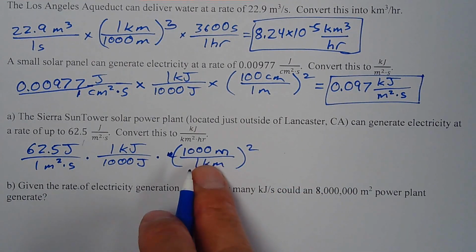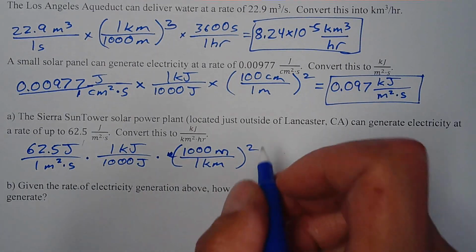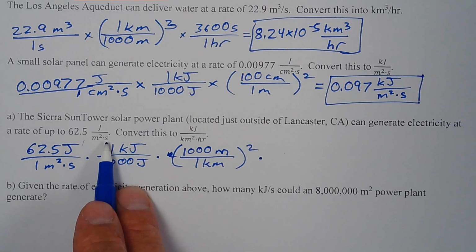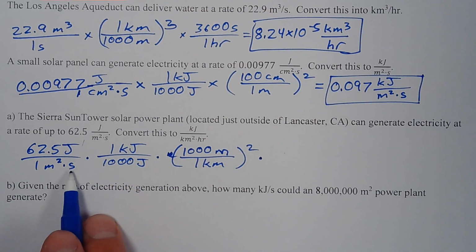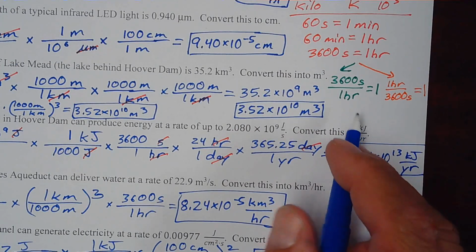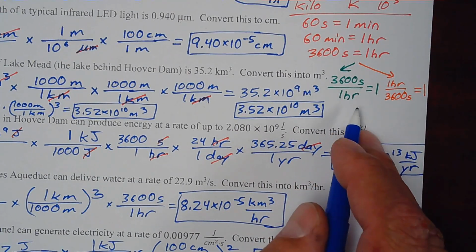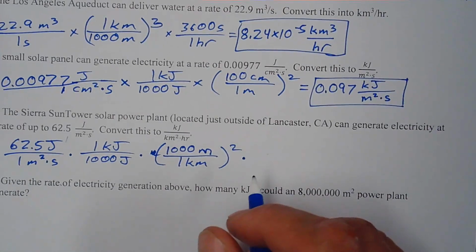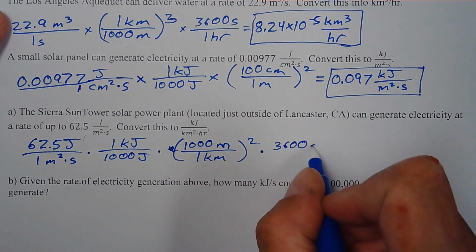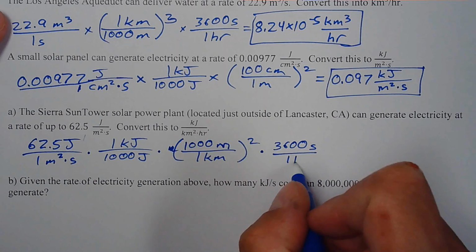Okay, so we got to square that. So that 1,000 is going to become a million. And then we got to convert the seconds in the denominator into hours. So again, way back up here, seconds on top, hours on the bottom. That's 3,600 seconds for every 1 hour.